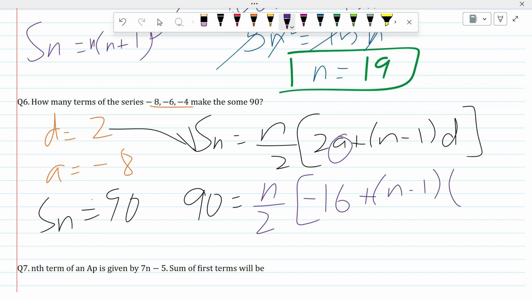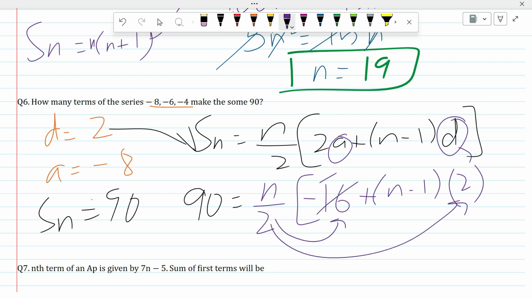Now instead of d, I'm going to write 2. Now the work has been made easier for me. If I give this 2 to this and this 2 to this, this will become minus 8, this will become 1.